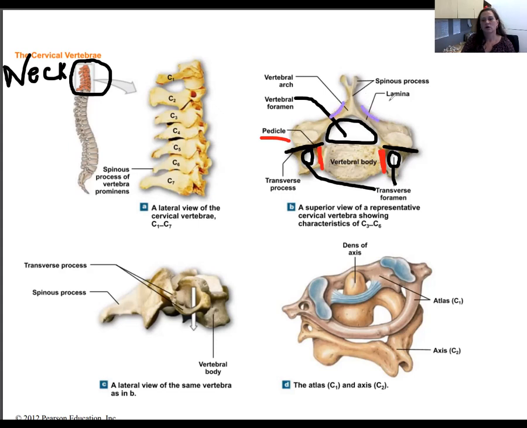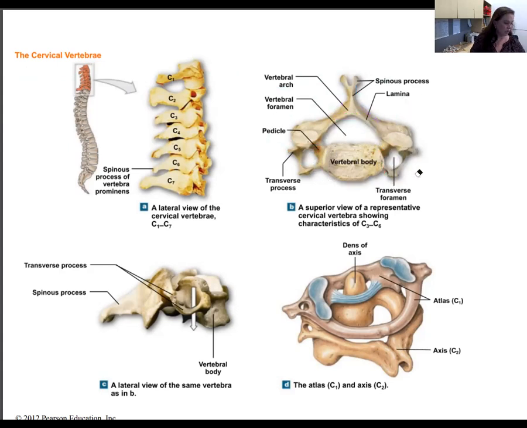Those sides are called your lamina. Then we have this part right here that arches over. That is called your vertebral arch. And then you have this point right here. That point is the spinous process. Okay, so again, your cervical vertebrae are going to be all the vertebrae found within the neck.